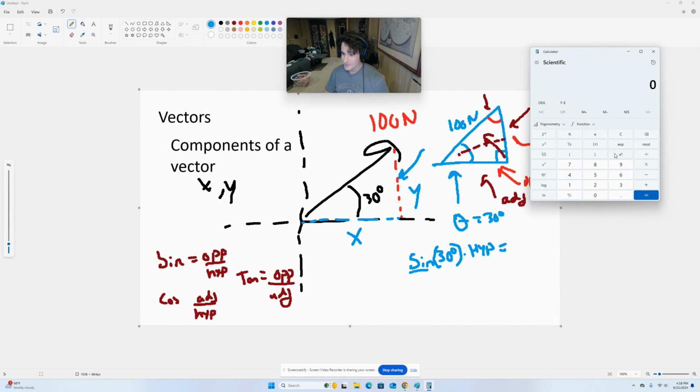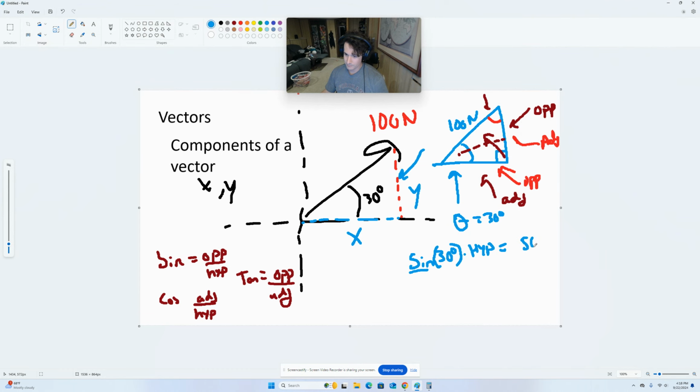It's in degrees. Good. So we'd say 30, and then I think I have to say sine. Yep, there we go. Sine of 30 happens to be 0.5. There's a reason we use sine of 30 a lot. It's a nice number. Times, in this case, 100. And look at that, 50 newtons. And this is equal to, you could call this Fy.